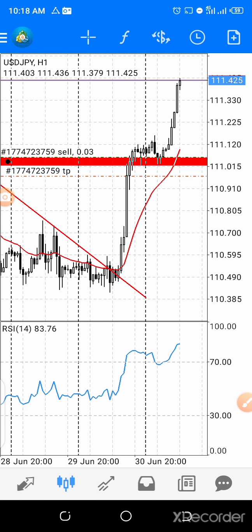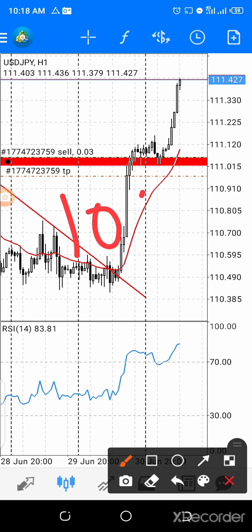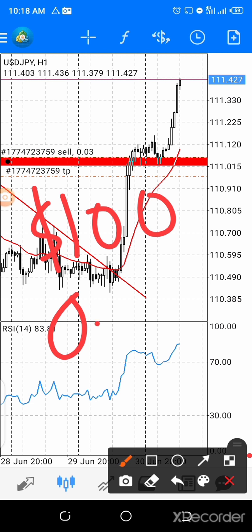Now you know I have a little account size. Just assume this is a $100 account, and I end up using this lot size to trade.